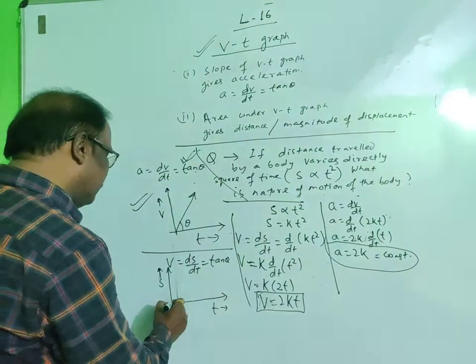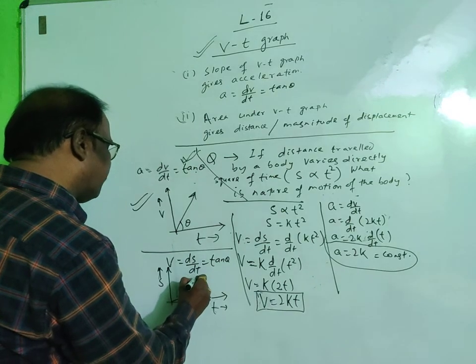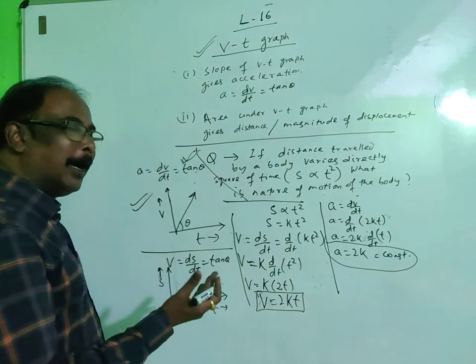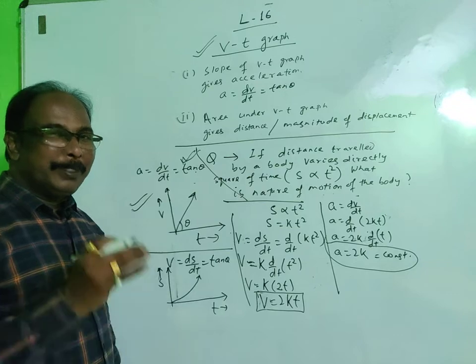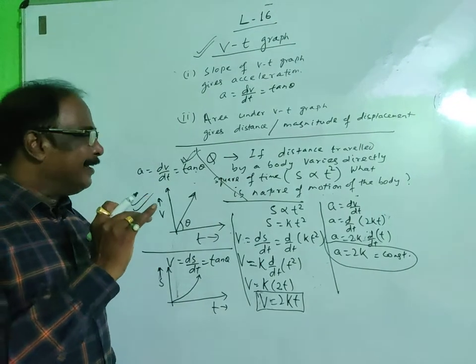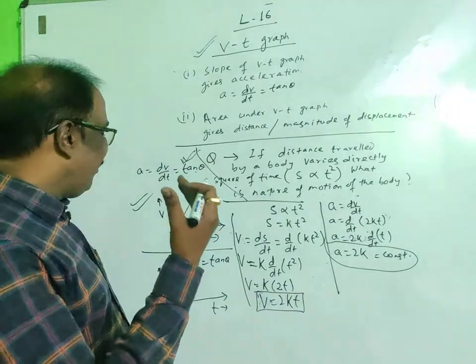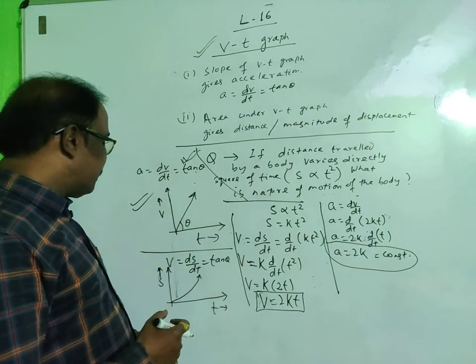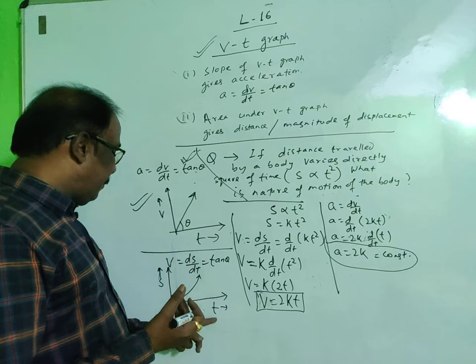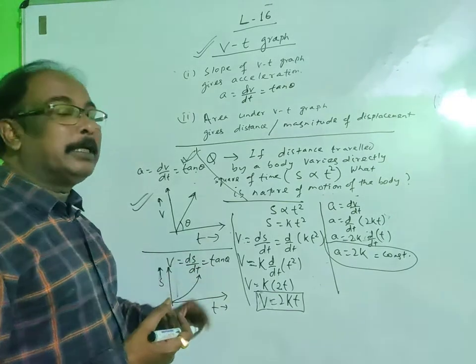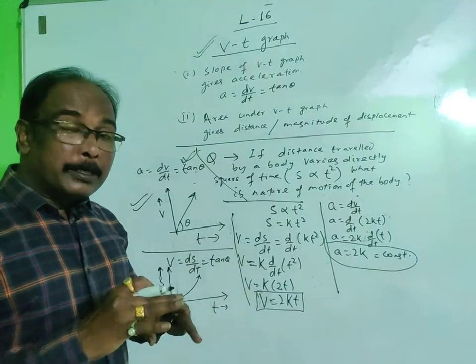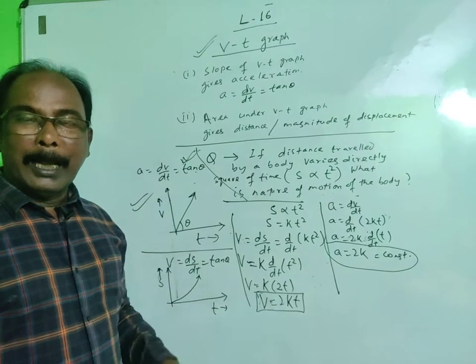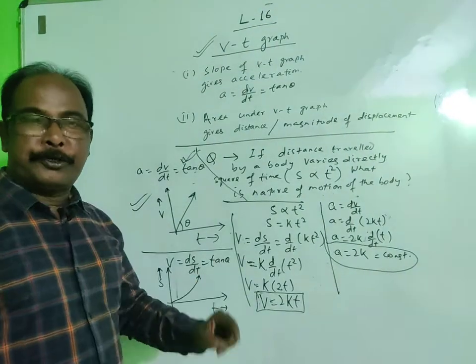Tan theta increases, thus the graph is a curve bending upward, as we have discussed in the first discussion on the ST graph, VT graph and AT graph. In the first discussion we discussed the nature of the displacement time graph and then the VT graph, and I hope you can catch all the concepts.